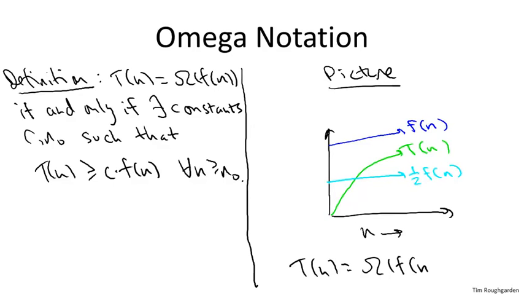As far as what the constants are, well, the multiple that we use, c, is obviously just 1/2. That's what we're multiplying f of n by. And as before, n naught is the crossing point between the two functions. So n naught is the point after which c times f of n always lies below t of n forevermore.